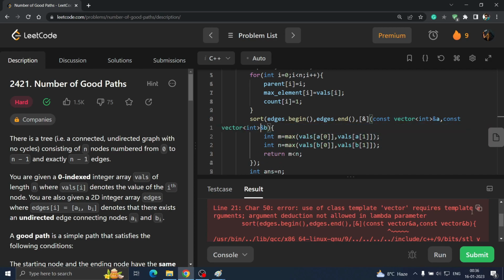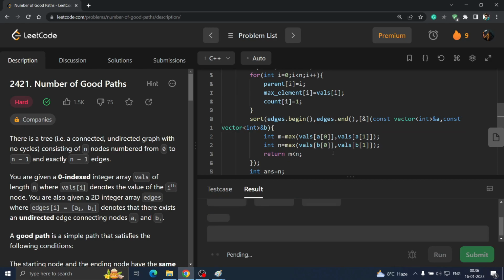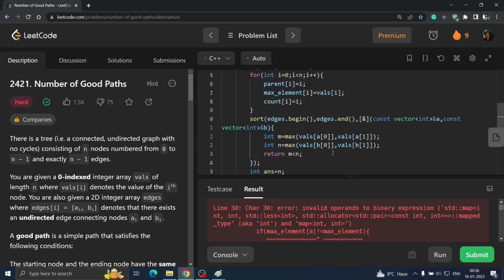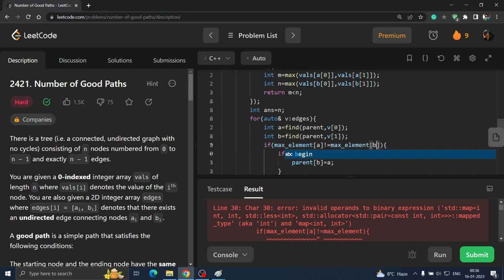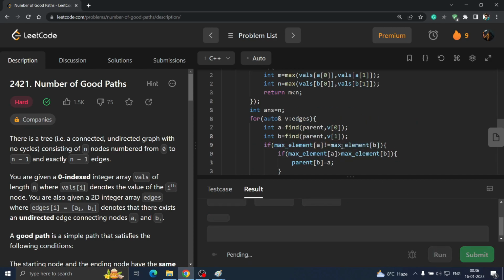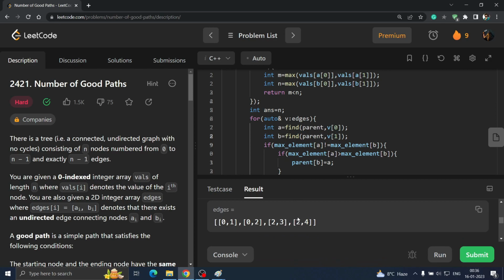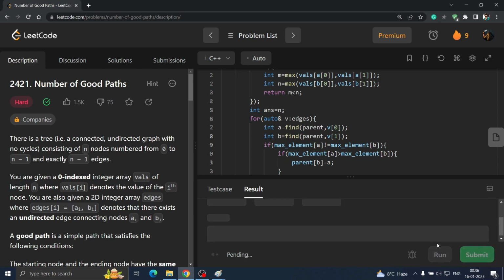These really small mistakes make a big difference, so please practice it. Even I am practicing it as well. Okay, here also so many mistakes, but finally it is running. This is the satisfaction. Let's submit this and check whether it is accepted or not.